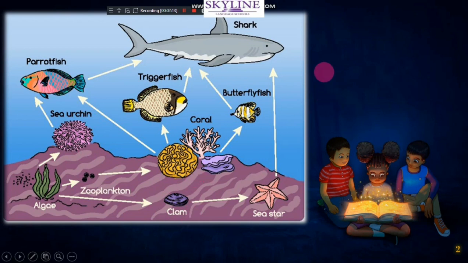Okay, which is the top predator? Top predators means the large meat-eating animals. The shark can eat large parrotfish, tigerfish, butterfly fish. So the shark is considered the top predator.